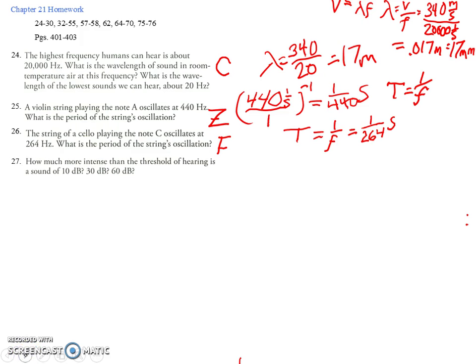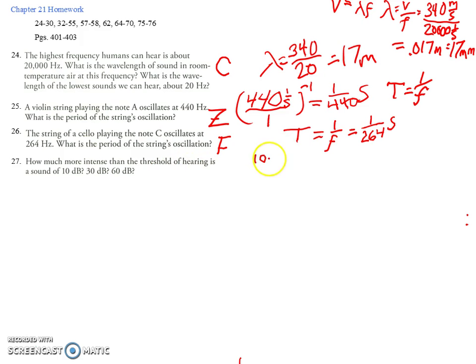How much more intense than the threshold of hearing is a sound of 10 decibels? So for 10 decibels, we take 10. Remember, the threshold of hearing is 0.